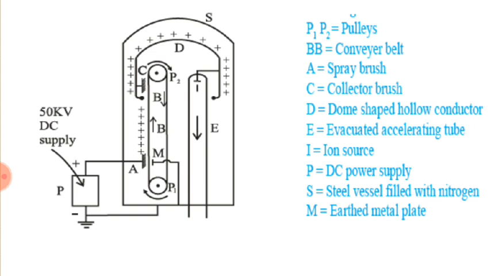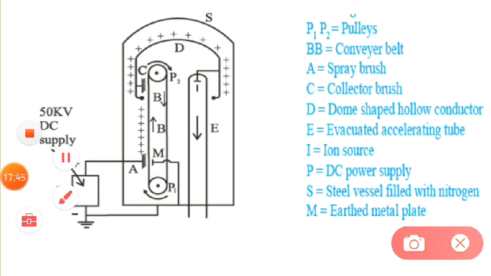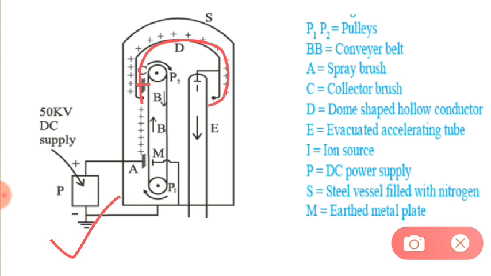There are two comb-like structures, A and C. A has spikes on it, which provide charges inside the dome, given by the high voltage supply P. You can see over here, which is P. The other comb, or brush, works as the collector and is connected to the hollow conductor dome. The charges collected by that comb are discharged on the hollow conductor.